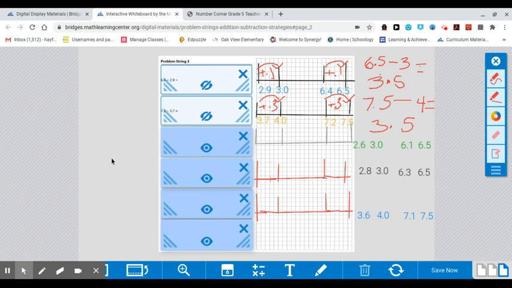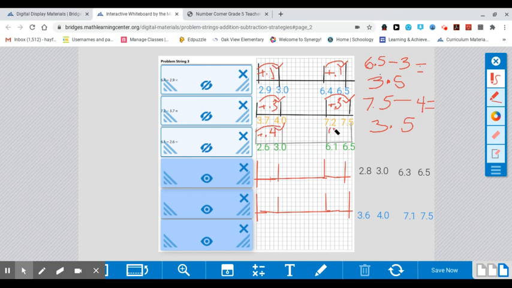Moving on to the next problem, we have 6.1 minus 2.6. Looking at this problem, if I add 4/10 to 6.1 and 4/10 to 2.6, it looks like it brings us to easier numbers to subtract. So for 2.6, we're adding 4/10.